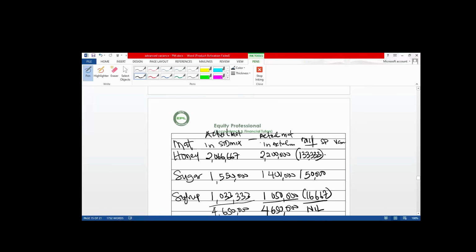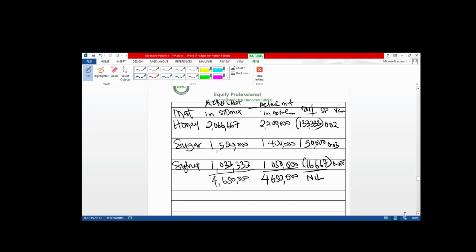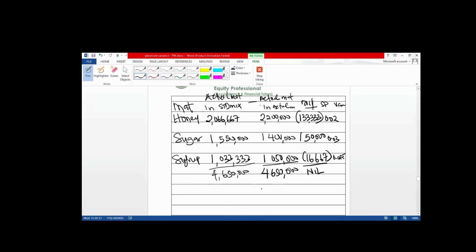Multiply by your standard price. This material is in grams: 0.02, 0.03, 0.025. I have to battle with space now. So I'll have to bring this down small here.